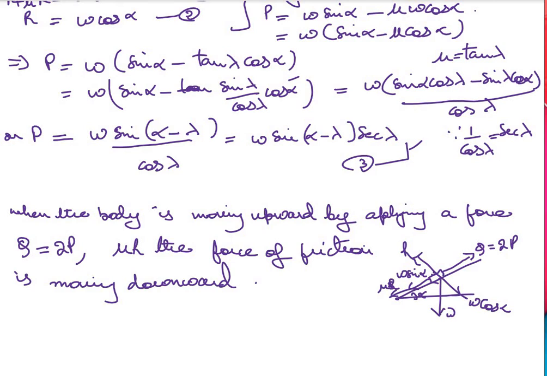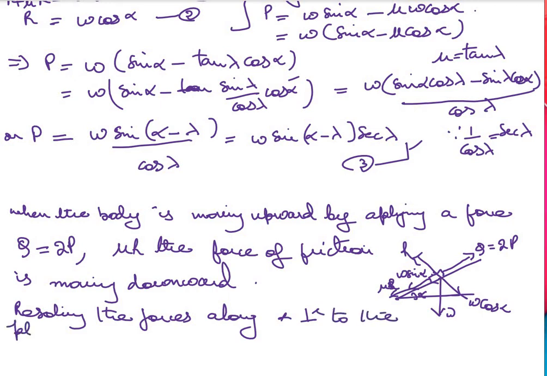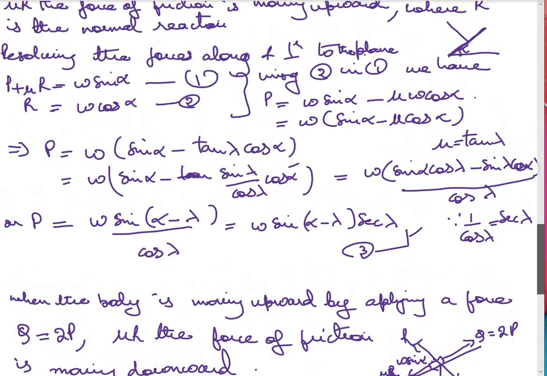So here what I have to do is resolve the forces again, along and perpendicular to the plane. The plane here means an inclined plane. What are the forces along the inclined plane?